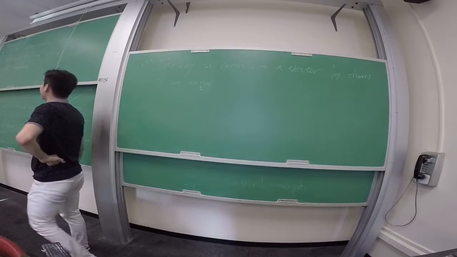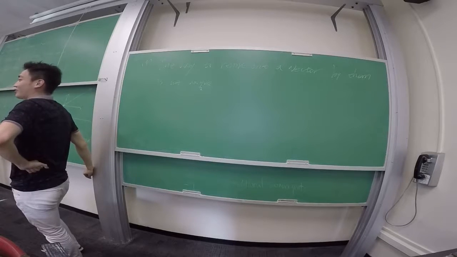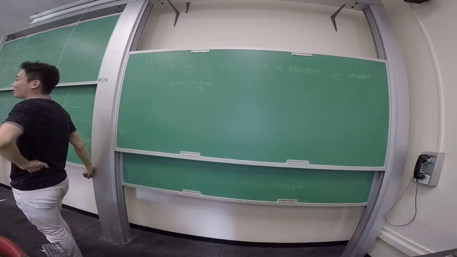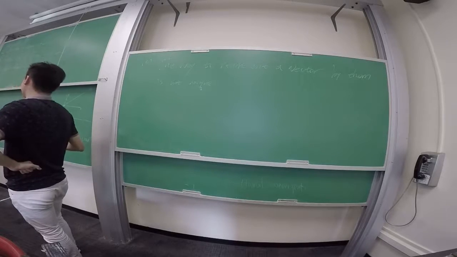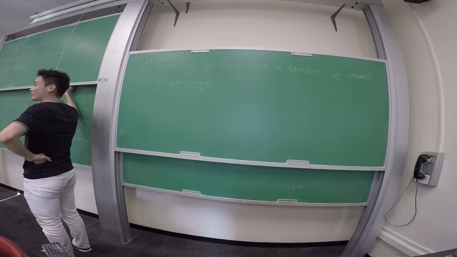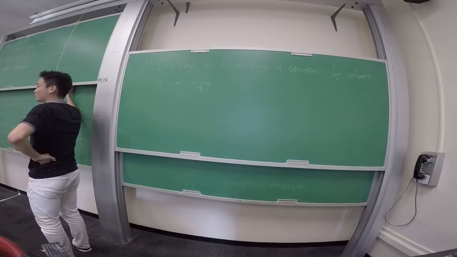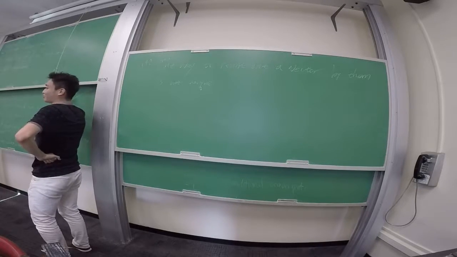The second space is so-called R^n, which is n by 1 matrices over R, where all the entries are real numbers. The third example is polynomials, but polynomials with bounded degree. And the fourth example is so-called rational functions, which is a polynomial on the top and a polynomial on the bottom.